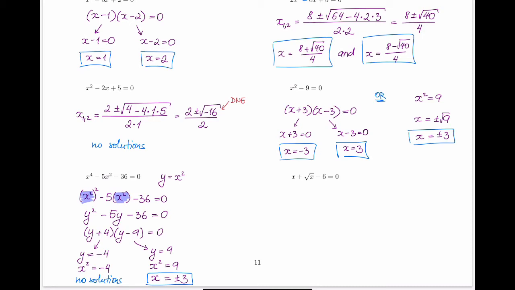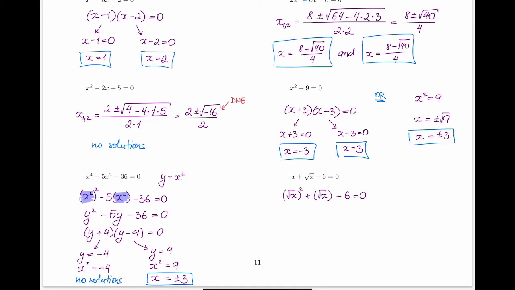Okay, so once again, if I just notice that the only powers are square root and x, which is its square root squared, then I can rewrite this equation as square root squared, which is x, plus square root minus 6 equals 0.